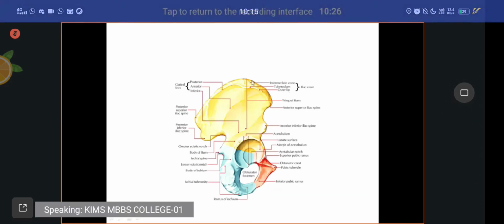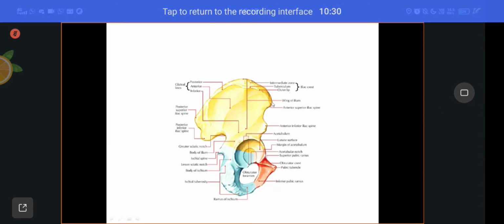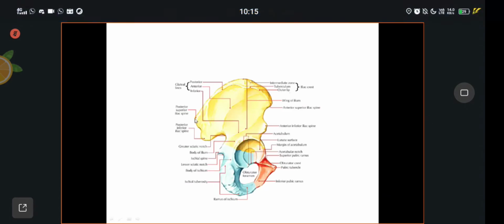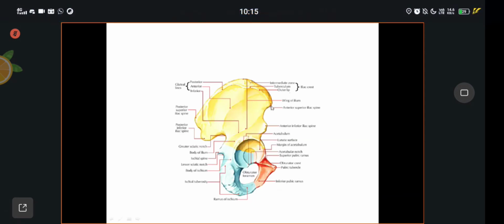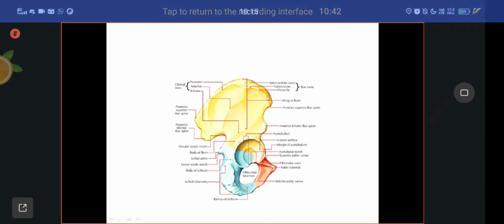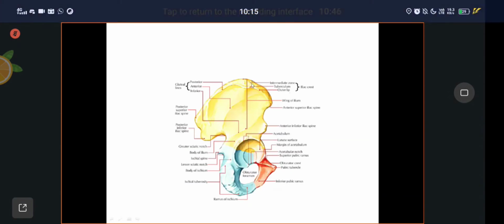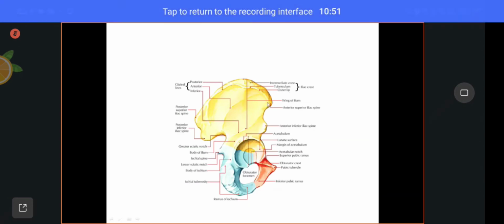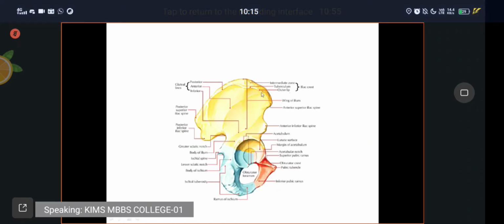So I am discussing the iliac crest. It is extending from the anterior superior iliac spine to the posterior superior iliac spine. This iliac crest has an outer lip, an intermediate area, and an inner lip. And 5 centimeters from the anterior superior iliac spine, you have a tubercle.